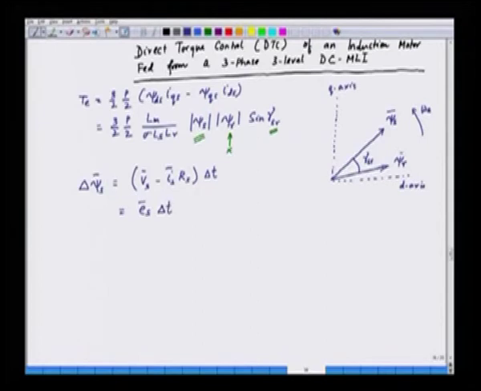So, basically the flux can be changed by changing the induced EMF. If you apply a voltage, there will be some induced EMF, and the induced EMF will change the flux.